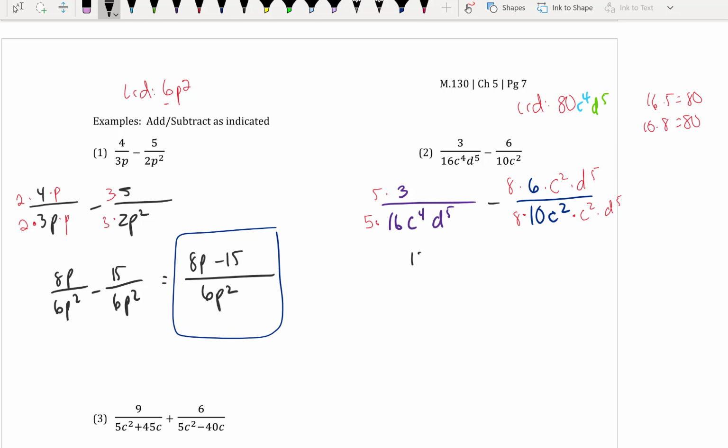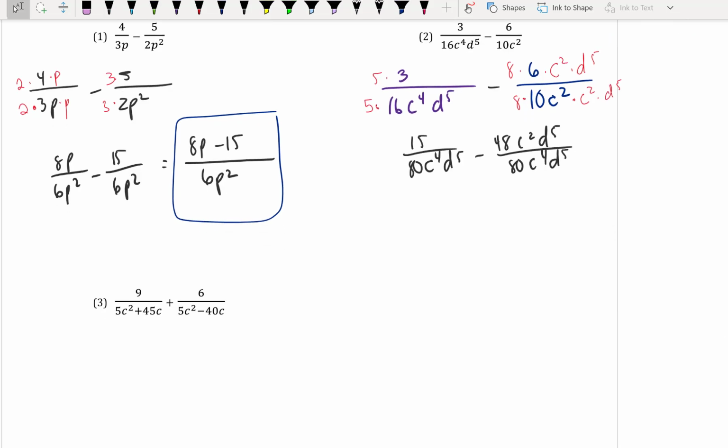So now I have a 15 over 80 c to the 4th d to the 5th, minus, and 8 times 6 is 48 c squared d to the 5th, over 80 c to the 4th d to the 5th.